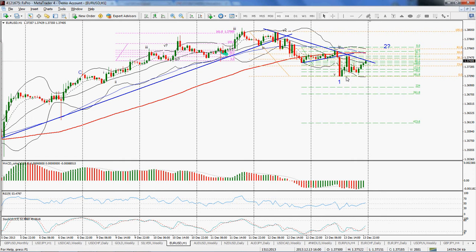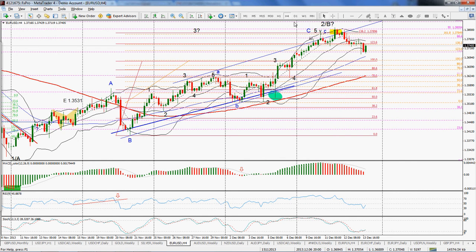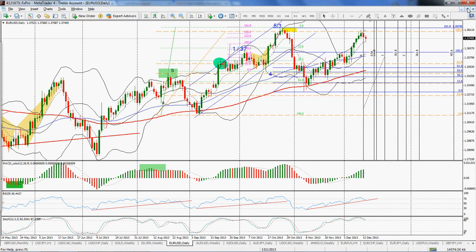If that is the case, I hope we will find a nice trade setup, maybe depending on a break below that level. But I don't think it should happen on Monday. It will take a few days. Okay, good. So that's the situation on Euro USD.